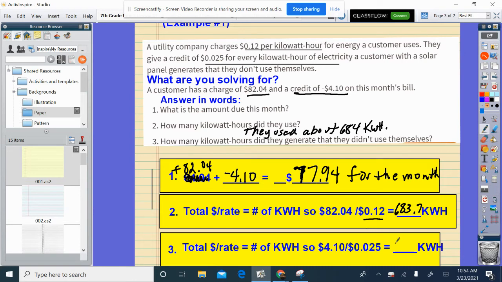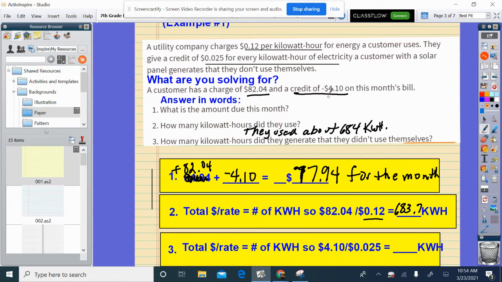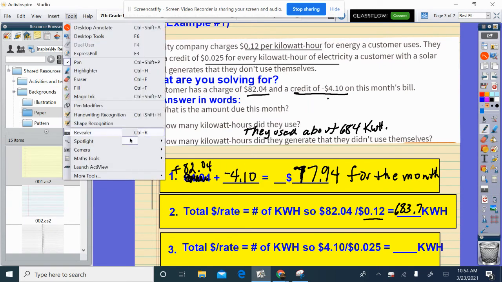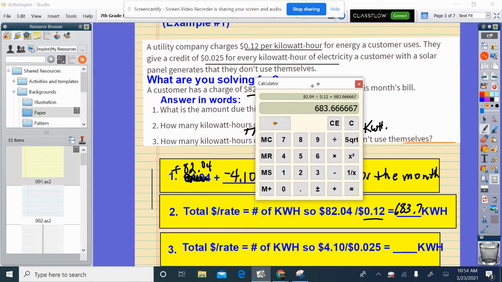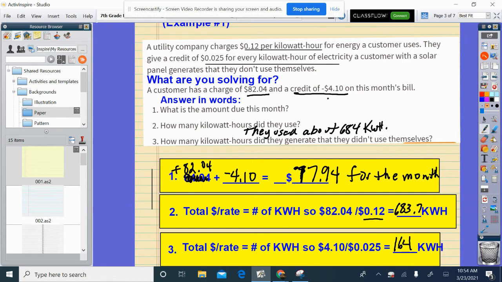So I take the $4.10, the absolute value of that credit they have on their bill, divide it by the rate, 25 thousandths, and I have to get my calculator back out here. $4.10 divided by 25 hundredths, they have 164 kilowatt hours of electricity that they did not use, that they sold back to the power company.